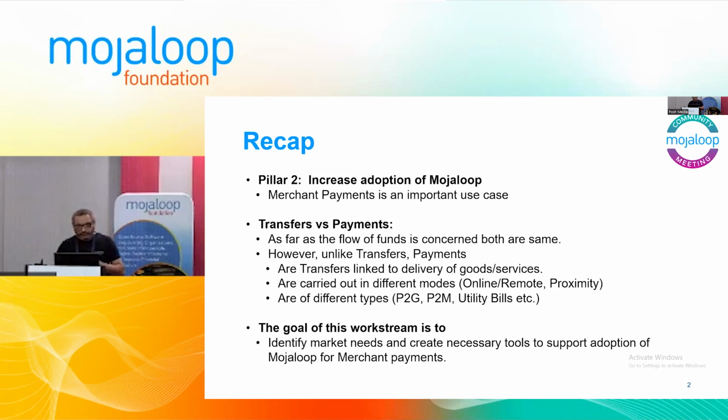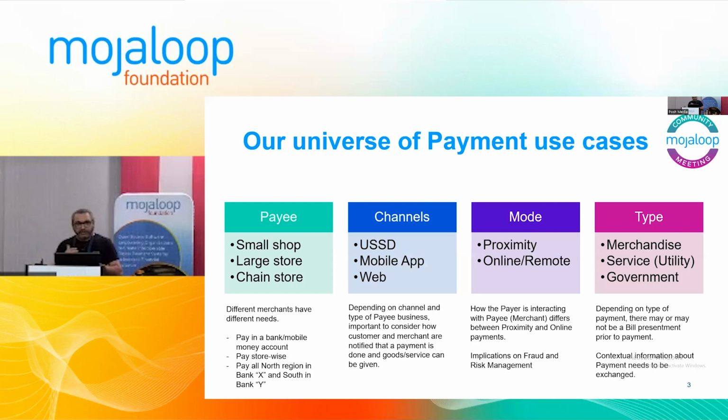So the goal of this work stream was to identify the market needs. When we say that we support merchant payments, what exactly is the market requirement to support that? And then create the necessary tools around that to increase adoption. As I mentioned, when we started this work stream, we first did a lot of brainstorming around what kind of payments we are talking about.